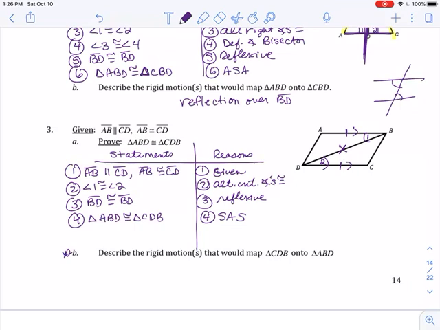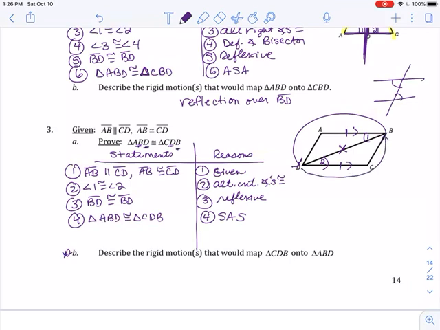Now this one is a different one for describe the rigid motion. I am not reflecting it, okay? I am actually rotating it. If I was to flip it over this line, that would not result in the sides matching up with each other. Now one way you sort of know that, look how B is the second letter and D is the second letter.